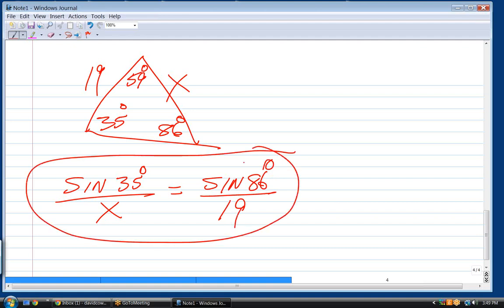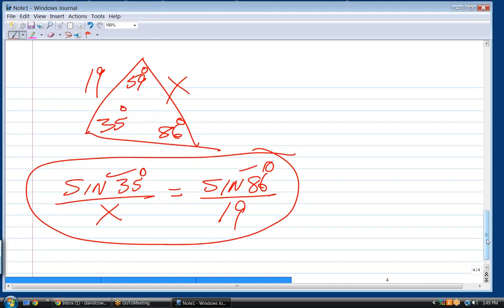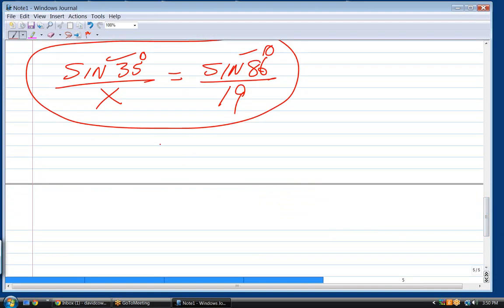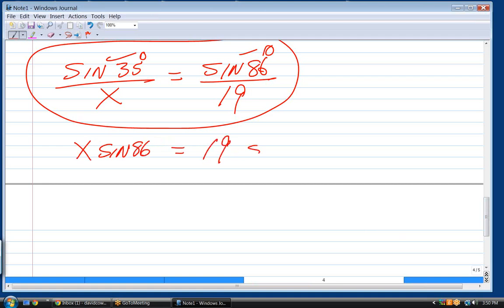There's only one unknown there, and it's x. This is a number, this is a number, that's a number. So how do I solve this? You cross multiply. Okay, so I get x sine of 86 equals 19 sine of 35.